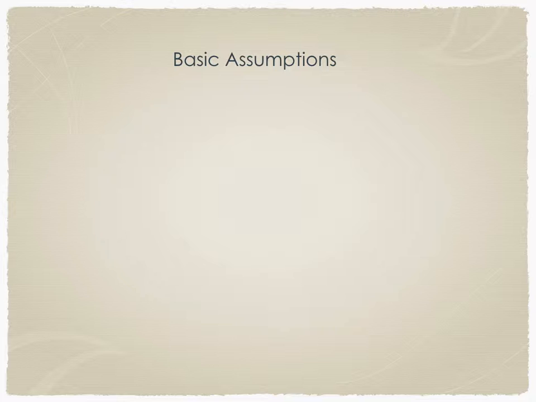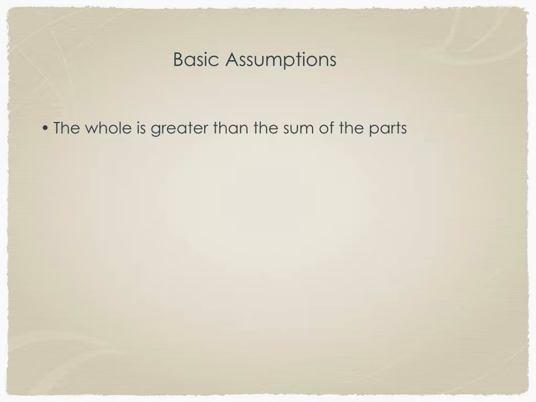So the theory says that the whole is greater than the sum of its parts, which means the whole family system is greater than each individual part. When you help a person in a system, there are elements in that system that can affect the person as well.